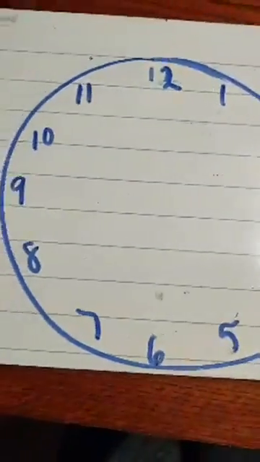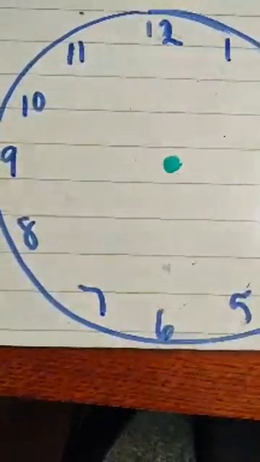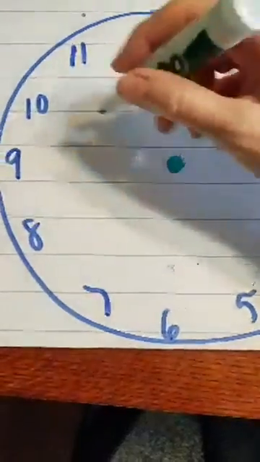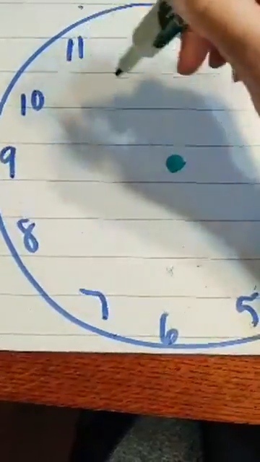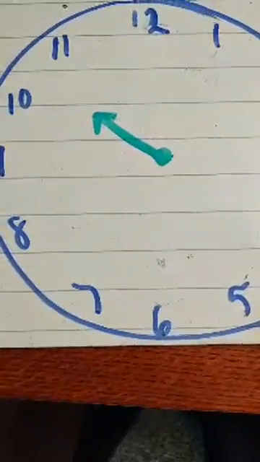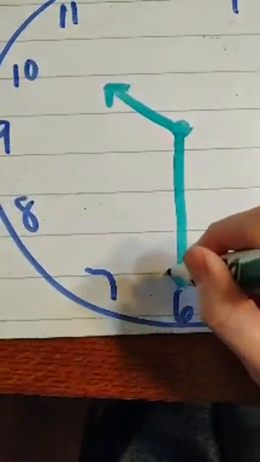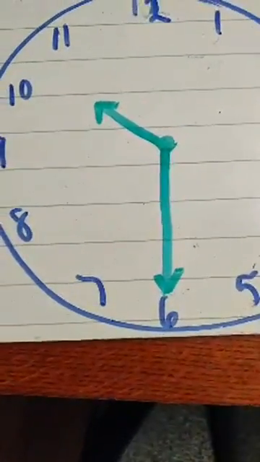All right, let's write half past 10. Okay, so half past, there's 10. It's halfway to 11. So my arrow points halfway between, and my minute hand points straight down to my 6.